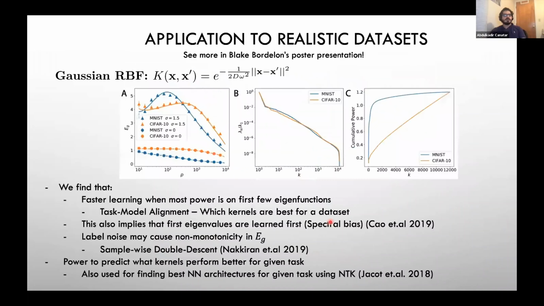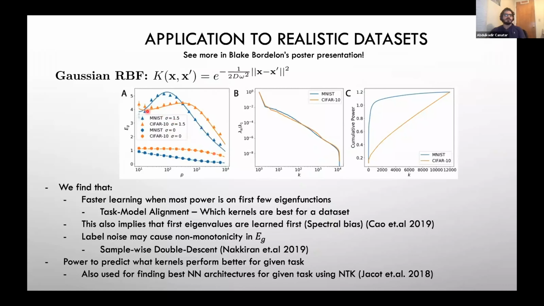So there's another example here. In this case, I compare MNIST and CIFAR10, plus I also add some label noise, for the Gaussian RBF kernel. So what I find here is that, first of all, MNIST converges much faster, achieves zero training and test error much faster.